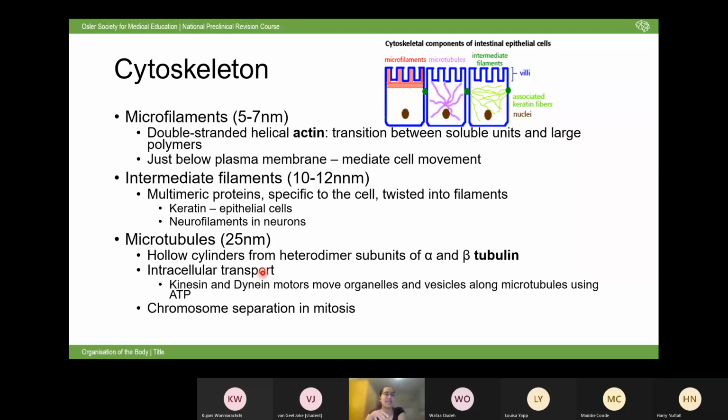So microfilaments are made of actin. Intermediate filaments are different depending on what cell they are and have specialized structures and functions. And microtubules are made of tubulin, and they're important for intracellular transport, so moving organelles and macromolecules across the cell, and are also important in mitosis, which we'll talk about a little bit later.